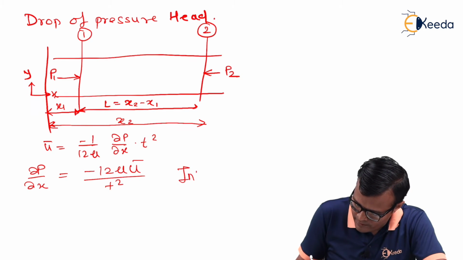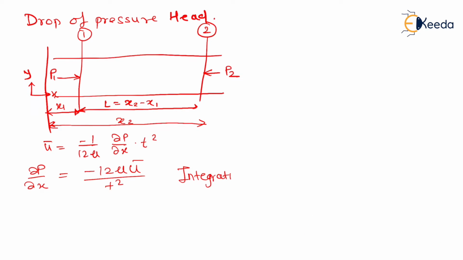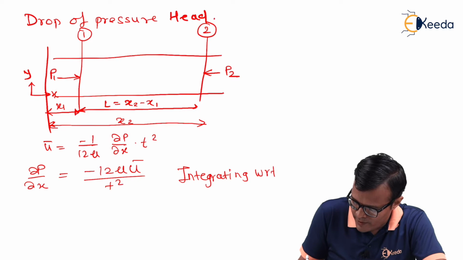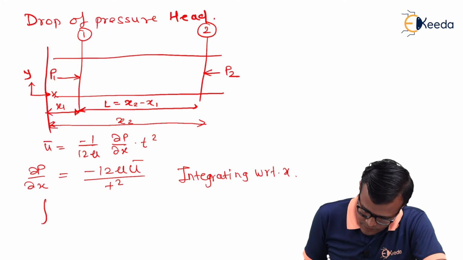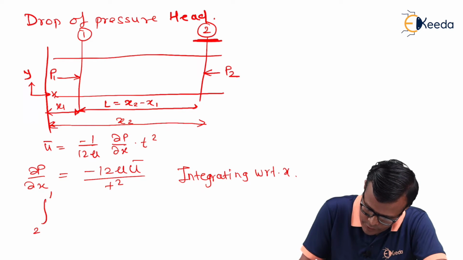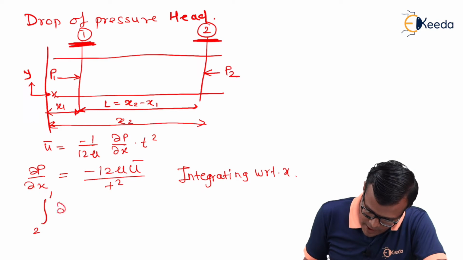So integrating with respect to x, we can have a relation as integration from 2 to 1, from this point 2 to this point 1. The pressure drop is delta p.